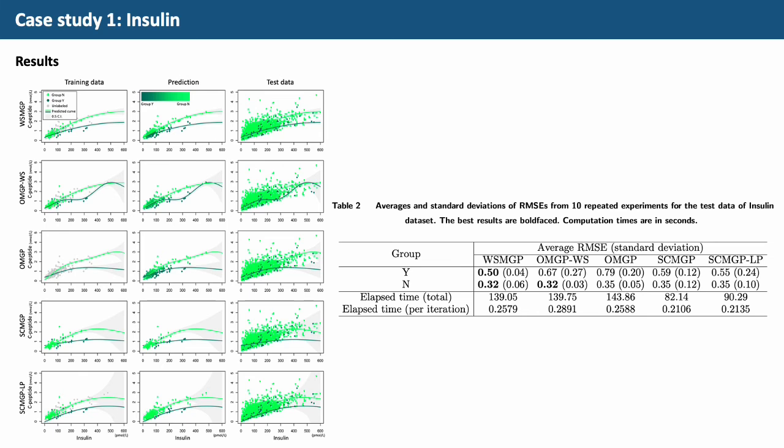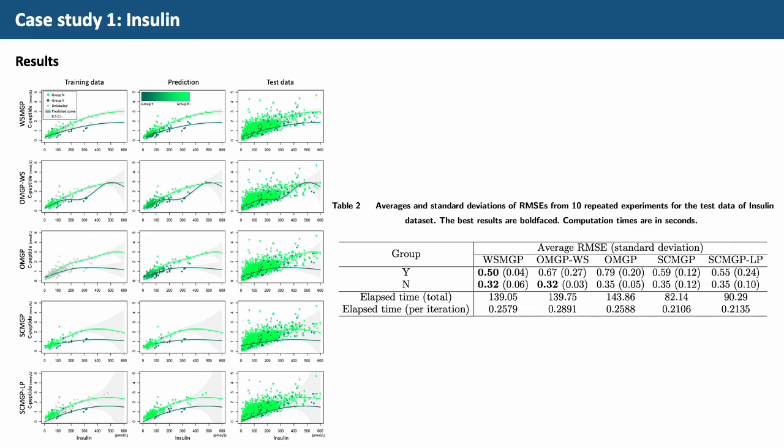Also, our model is better than OMGP-WS, showing that modeling correlation between two groups can help better predict the functions by sharing knowledge between two groups. We also see the trend that our model specifically excels at the group taking insulin. This is because the group has fewer observations. Thus, an independent modeling for the group will fail pretty easily.